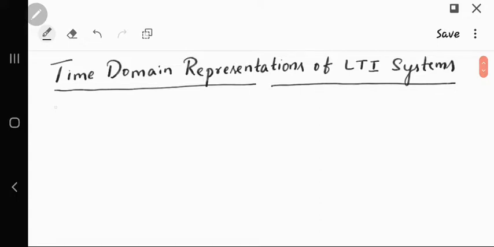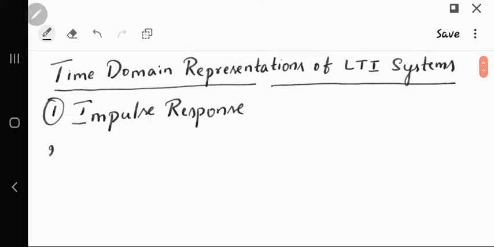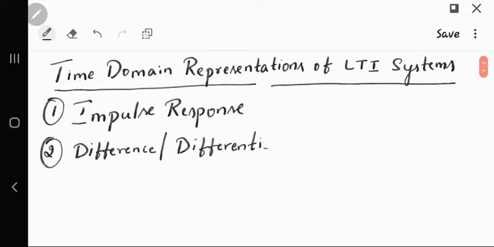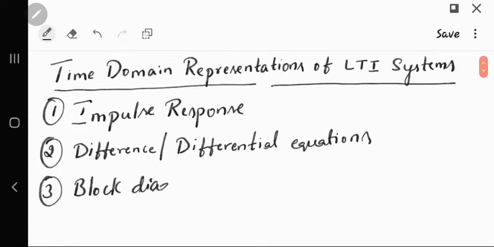Some of them are: the first one, in terms of impulse response; the second one, in terms of difference and differential equations; and the third one, in terms of block diagram representations.